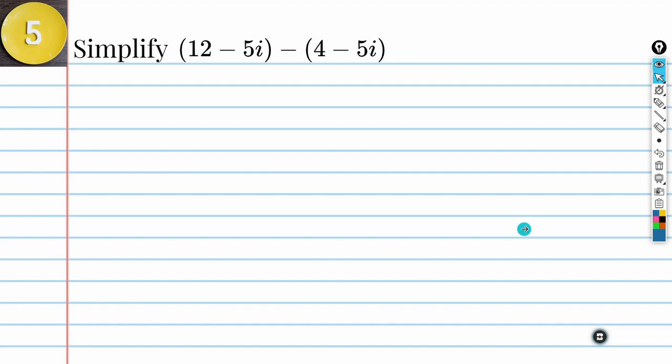Let's take this next one. Same idea, but this time we're going to be distributing it through on that second parenthesis. So let's look at the operations. So we have that distributed through. So we have 12 minus 5i minus 4 plus 5i. And so when we distribute, we got there. So now let's combine our real portion. So 12 minus 4, which is 8.